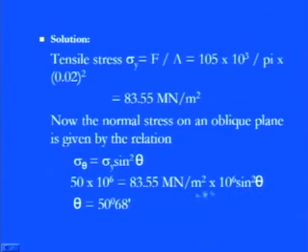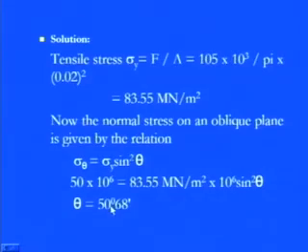Putting all those values on one side of the equation, we get sin square theta equal to some value. Taking the square root and then the inverse sine, we get the angle of the oblique plane. At this oblique plane, at 50.68 degrees, the stress is 50 meganewton per meter square.